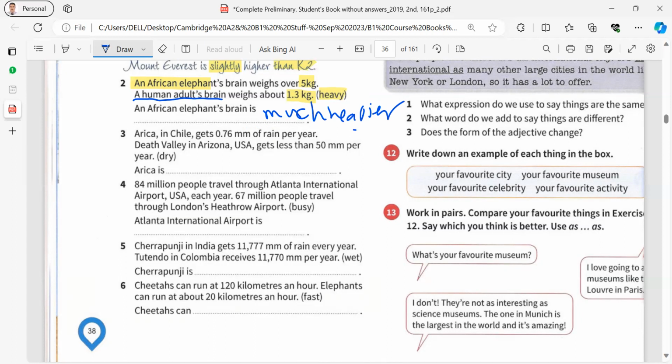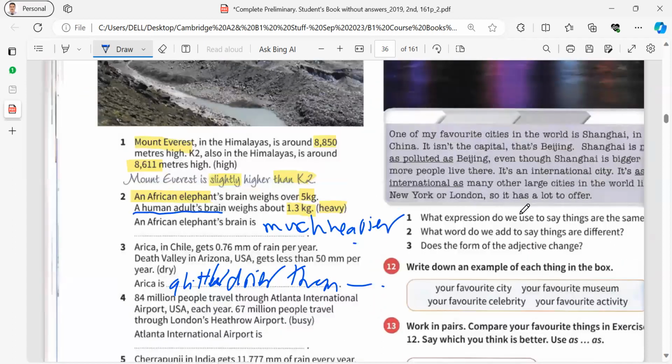I think it's not a big difference, right? So how to say it? We use a bit or a little or slightly. So Arica is a little drier than the USA, or Arizona in USA. Okay, Nawaf, is this clear? Yes.